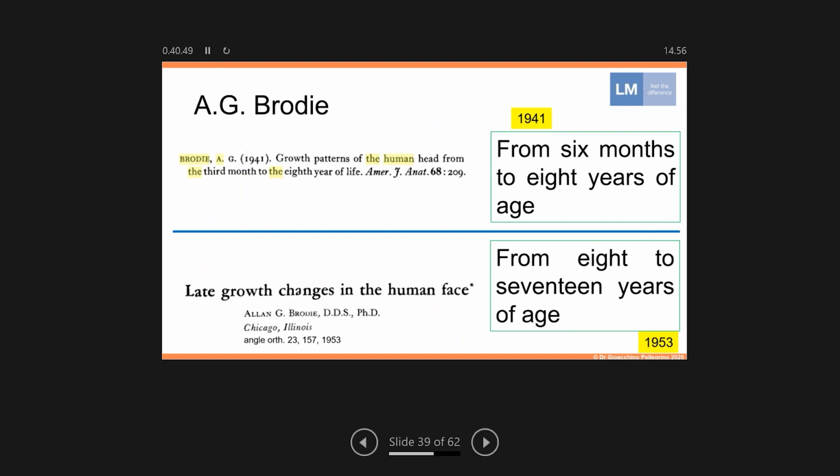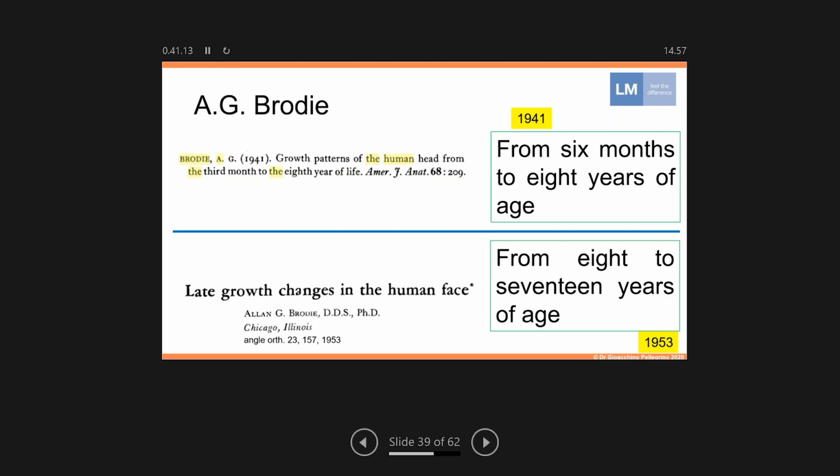And if we analyze the literature, we know that 8 years is really a very important border during growth. In fact, if you read the papers published by Brody in the last century, we can see these two different papers.